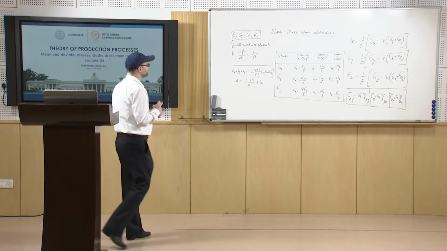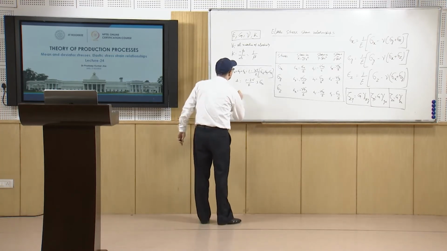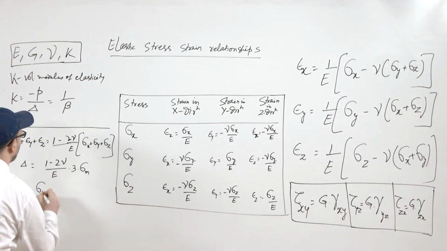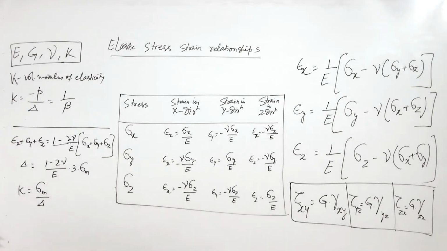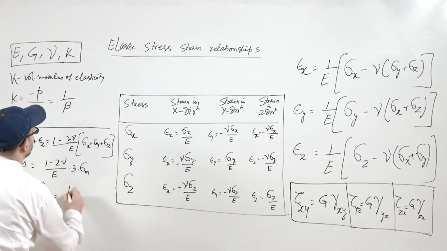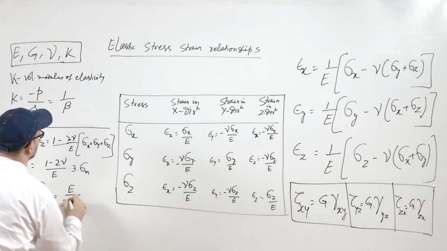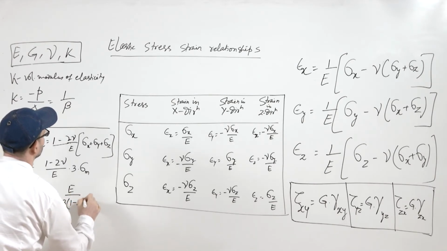Now K is basically sigma m by epsilon, the volumetric strain. Once you divide this, the E term will go to the other side. So you will have E divided by 3 into (1 minus 2 nu).